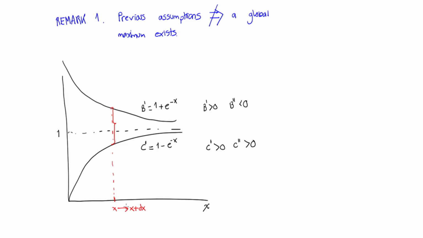It doesn't matter what x you pick. That is always true, because the marginal benefit function and the marginal cost function are asymptotically convergent to 1. So we can have these extreme technical or pathological conditions, if you want, that satisfy all of what we've seen so far, but in which a global maximum does not exist.